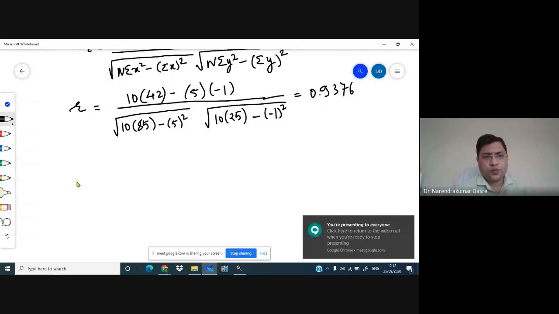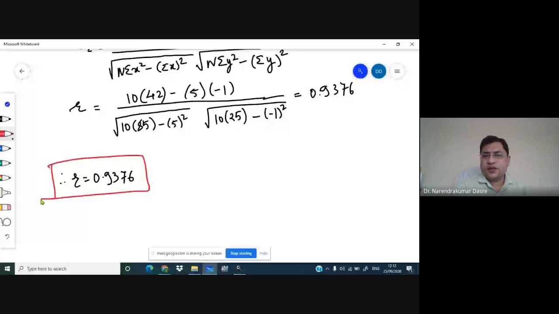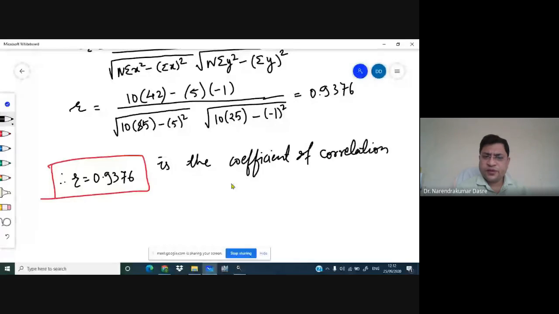We got the value r is equal to 0.9376. We can say this is the coefficient of correlation between x and y.